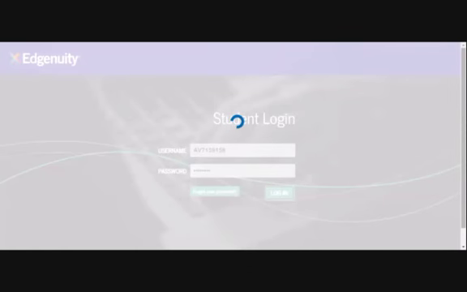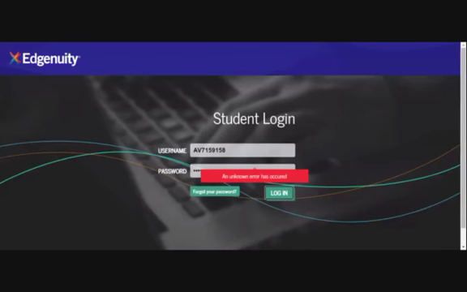You might have to close everything and start again. Is this Chrome? Yeah, it's Google Chrome. Usually it tells me someone's logged in.